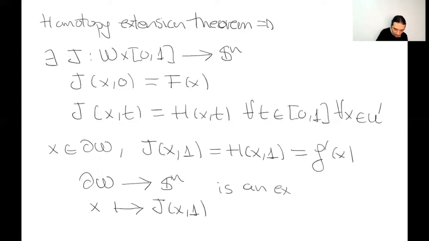Sorry, here it should be W, okay? It's an extension of f prime. And so we got what we wanted. If f extends, f prime extends, and of course, repeating the argument, if f prime extends, then f extends. It's completely symmetric. So extension for all maps in the same homotopy class is an equivalent property, okay?